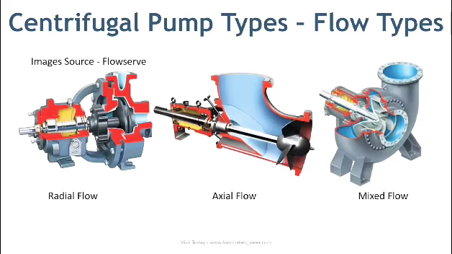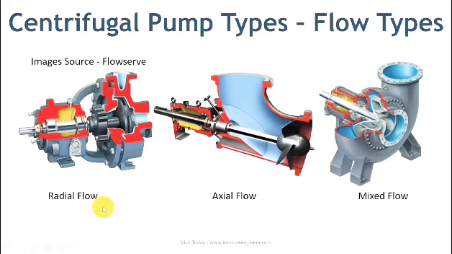Depending on the flow type, a pump can be radial, axial or mixed flow type. In the image here, you can see the radial, axial and mixed flow type designs. In radial flow, the fluid takes a 90-degree turn from the suction. You can see that fluid enters at the impeller eye and exits radially from the impeller. Most centrifugal pumps come under this category.